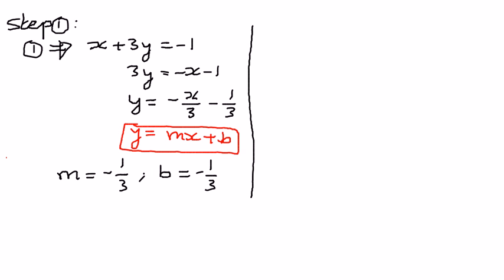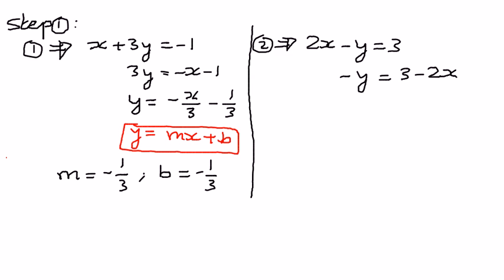The second equation, what is given to us, is as follows: 2x minus y is equal to 3, and I can rewrite this as -y is equal to 3 minus 2x, or I can also write this as y is equal to -3 plus 2x, same thing.